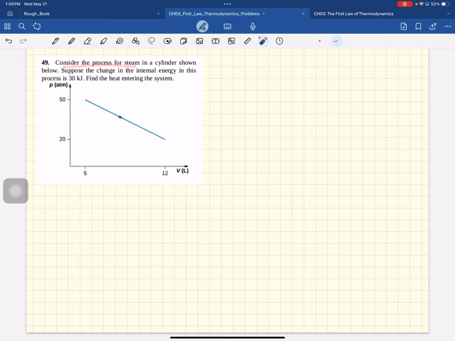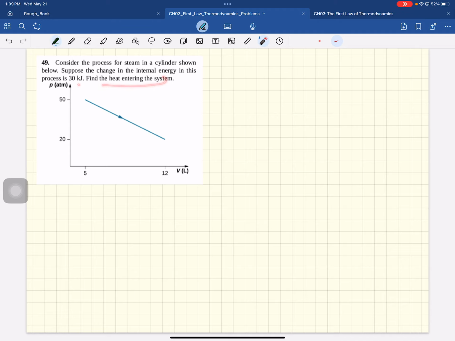Consider the process for steam in a cylinder shown below. Suppose the change in internal energy in this process is 330 kilojoules. Find the heat entering the system. So here's the final state. You can calculate the work done, which will be the area under the curve. They give you the change in internal energy.